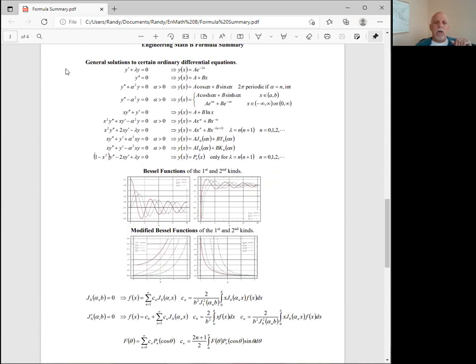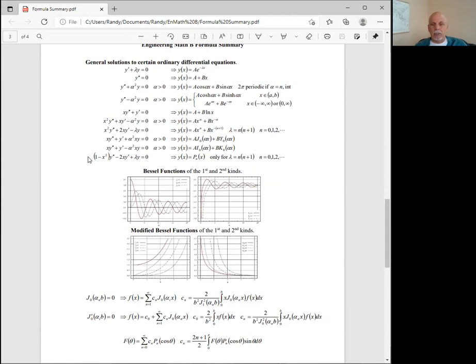Here we're not going to do a full review of a differential equations course. Here's a bunch of differential equations that are going to crop up in this course. We'll use them mostly to solve partial differential equations, but we don't want to re-solve these equations. So here they are and their general solutions.